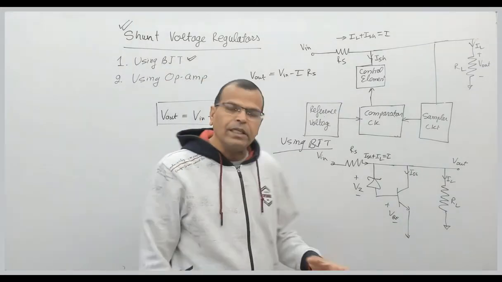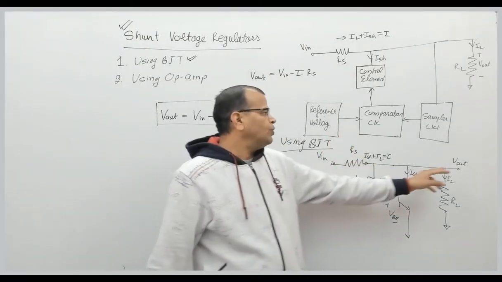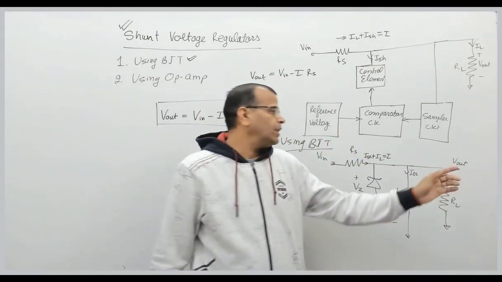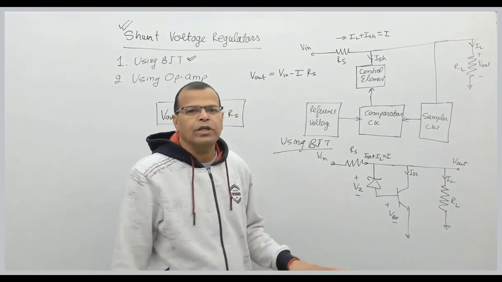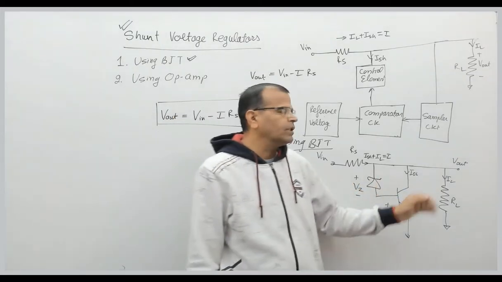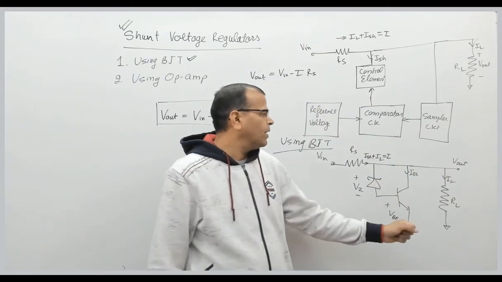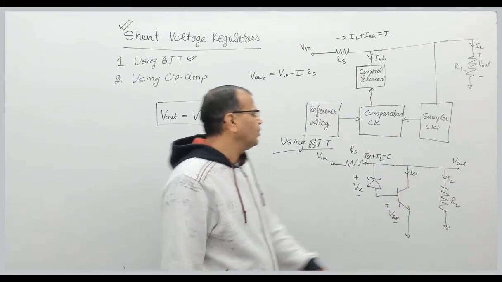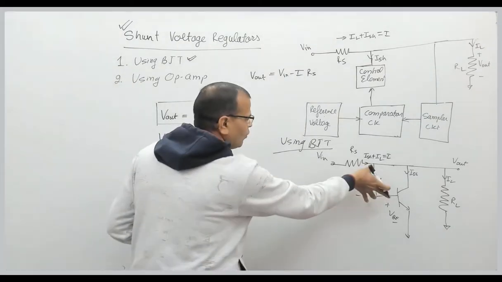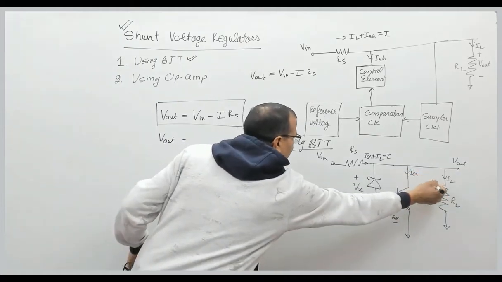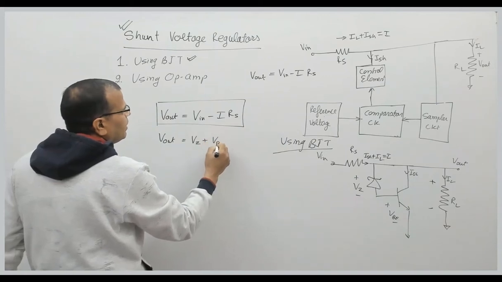Now let us see the operation of this circuit. Here the output voltage can reduce either because of reduction in load resistance or maybe because of reduction in input voltage, due to either of the reasons. So when output voltage of the circuit is reduced, what will happen? Please see carefully, the output voltage can also be written in terms of these two voltages, this plus this must be output voltage across the load. So that is Vz plus VBE, right?